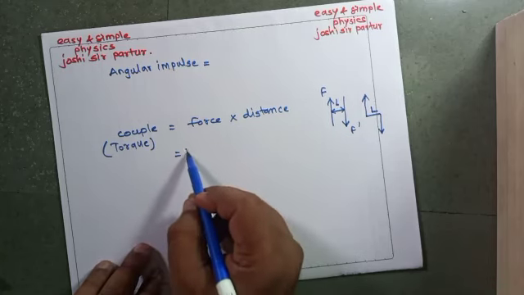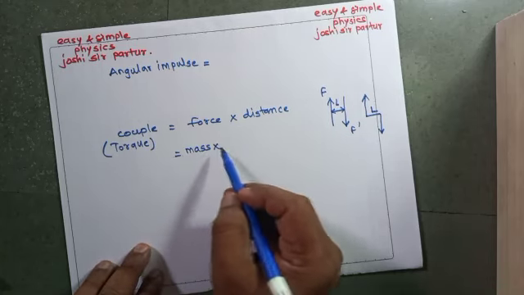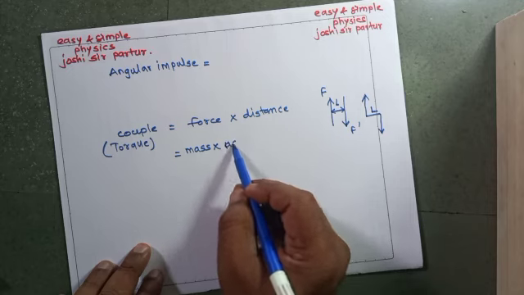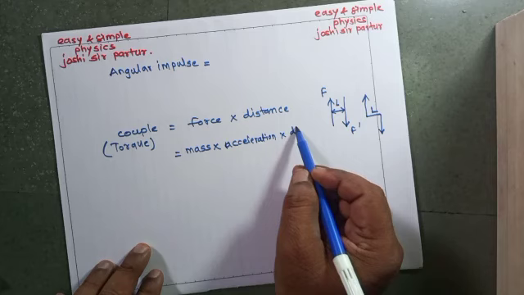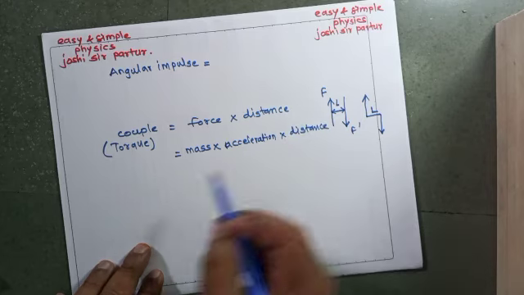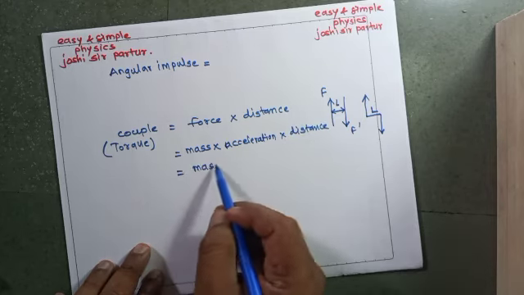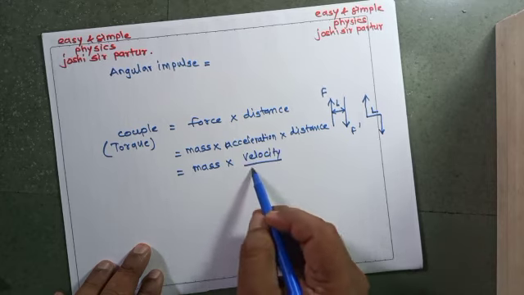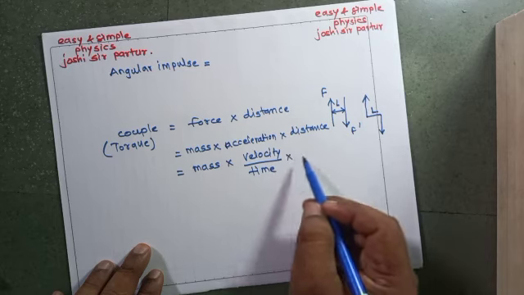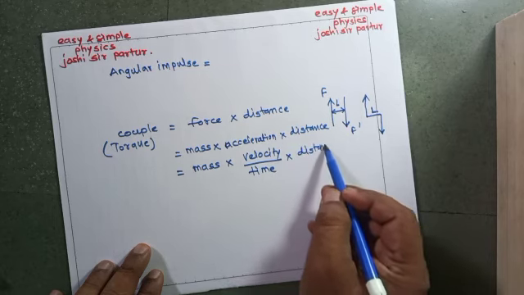Force equals mass multiplied by acceleration, multiplied by distance. So here mass multiplied by velocity upon time, multiplied by distance.